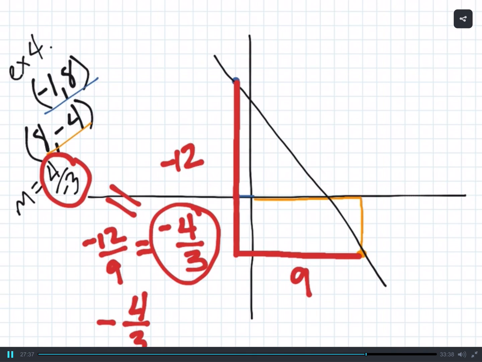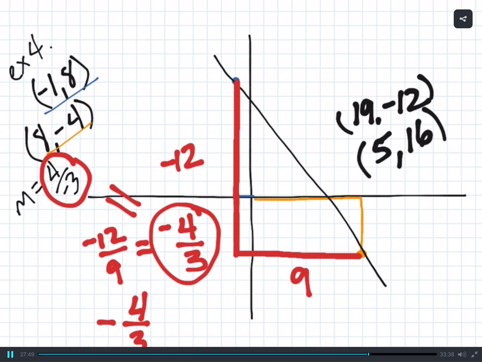Now, if you look at the numbers in example 2, and I'm just going to write them down, 19 and negative 12 and 5 and 16. Technically, you can still do the same method with these 2 points, but most graph paper that we have, unless you have an entire 8 by 10 sheet of graph paper, most graphs aren't going to have 19 spaces for you to count over to the right.